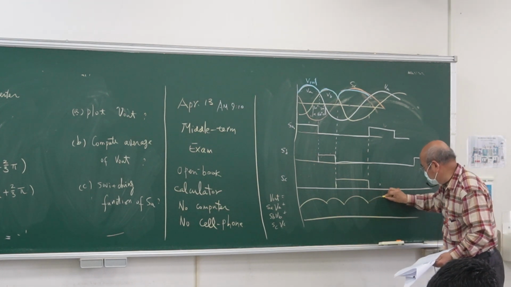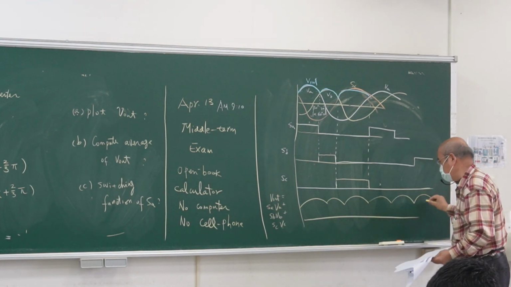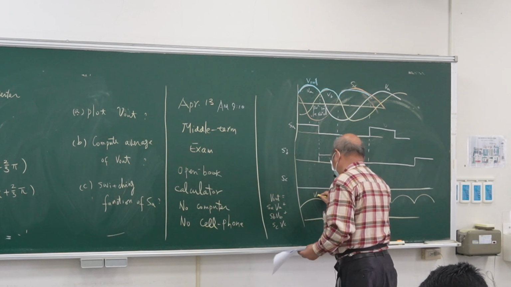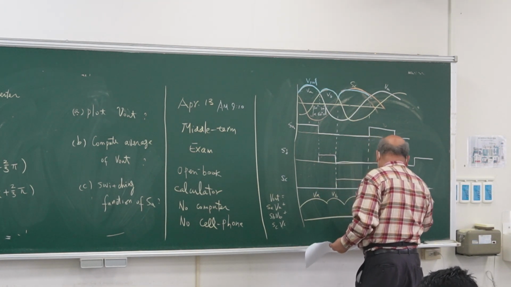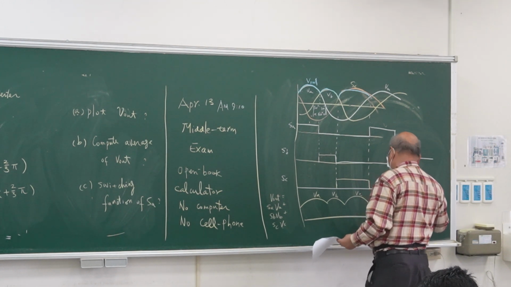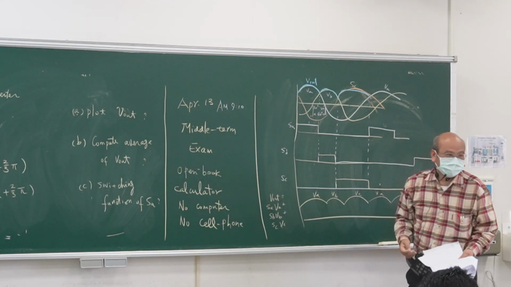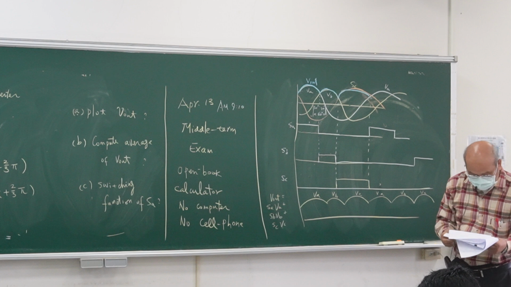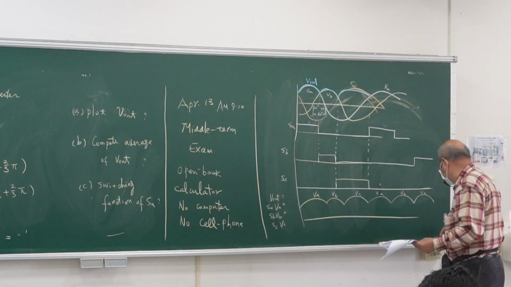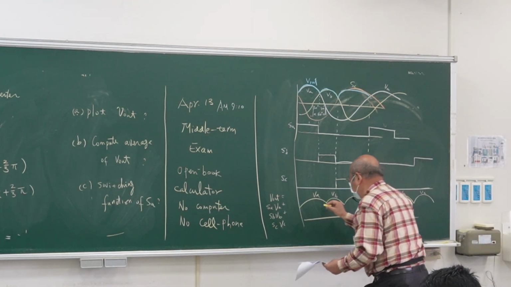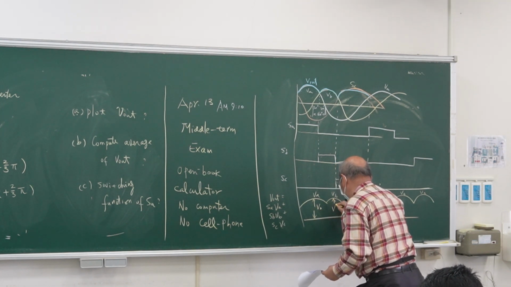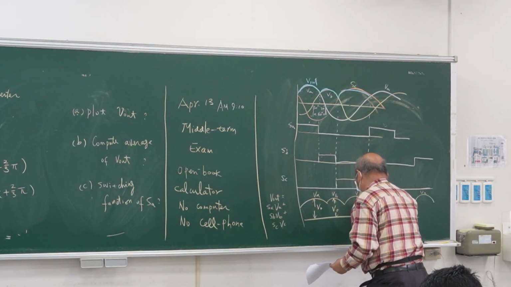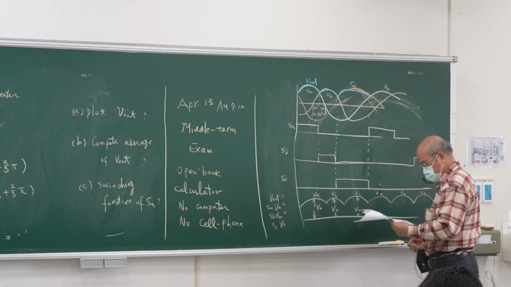And then VA, VB, VC, VA, VB, VC. So this is V out. We can easily compute, and the amplitude is VO. The peak value is VO.